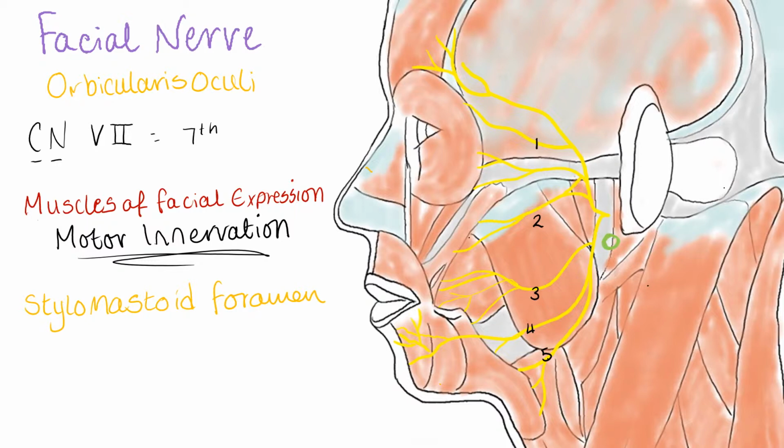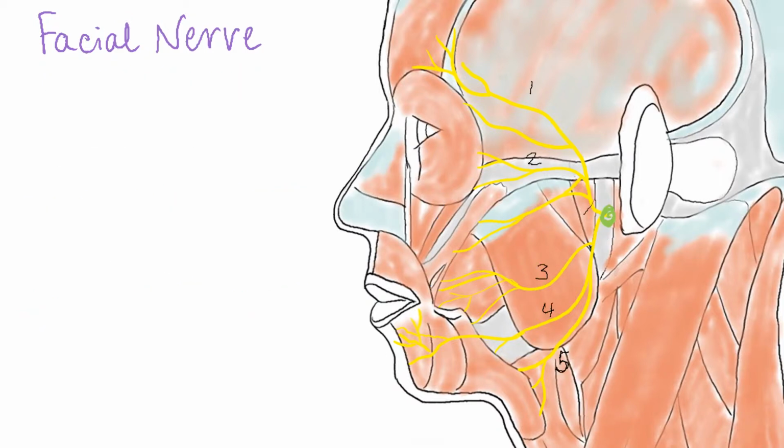So this diagram has got lots of muscles on it, and these are the muscles that we're going to be going through. But in this video, we are just going to be focusing on the temporal branch of the facial nerve, which I will outline in dark blue for us here.